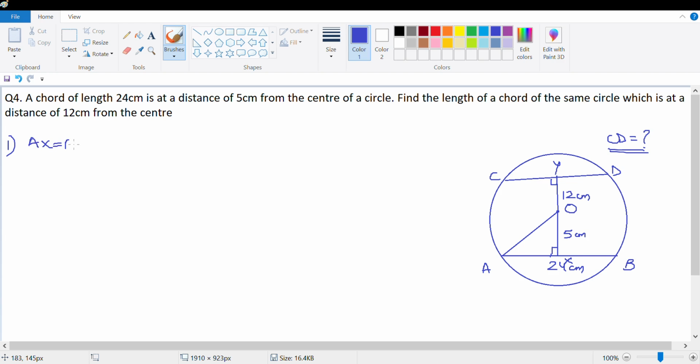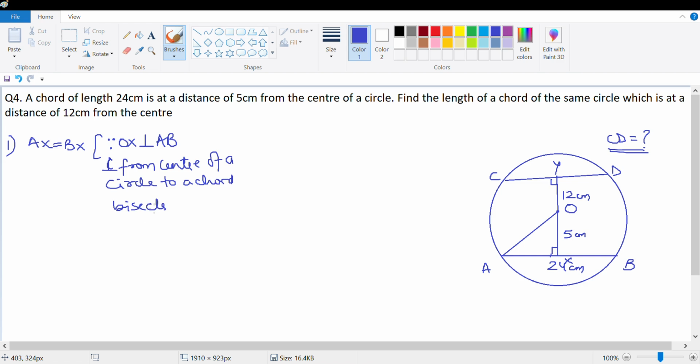AX is equal to BX since the perpendicular from the center of a circle to a chord bisects it. That's the reason. Which means AX is equal to BX is equal to AB upon 2, which is equal to 12 centimeter. So AX is 12 centimeter.